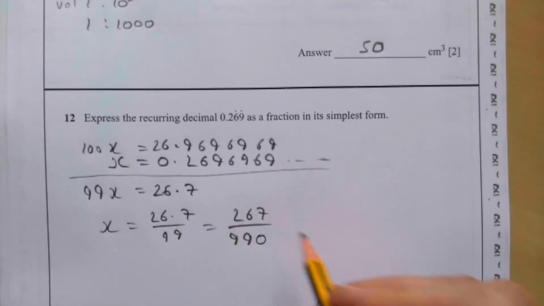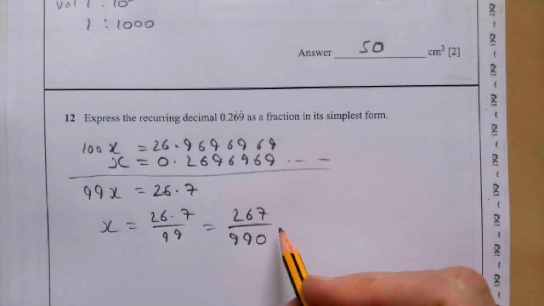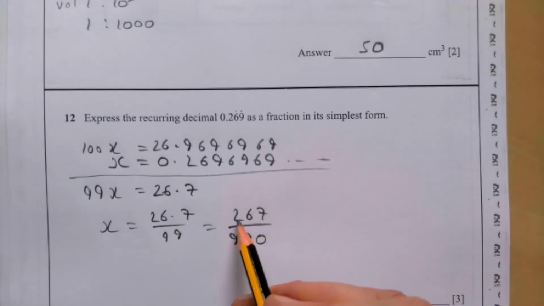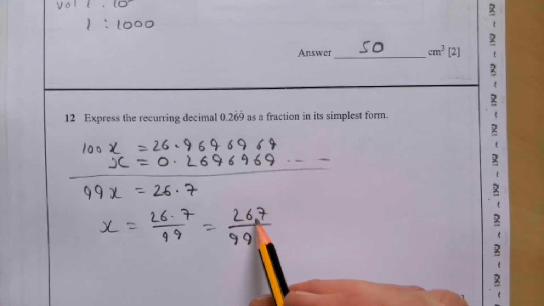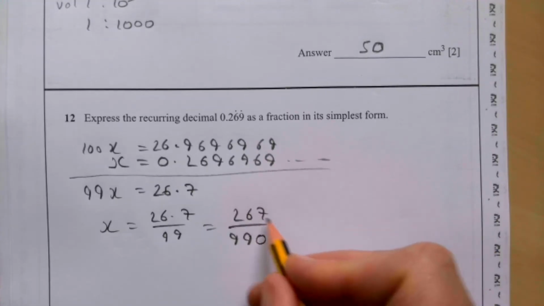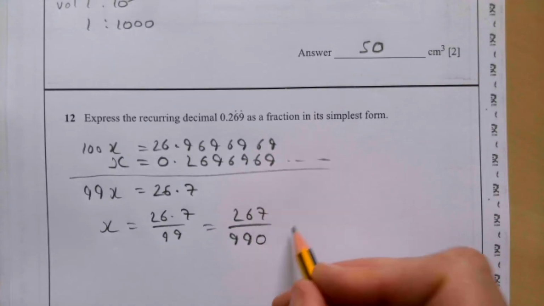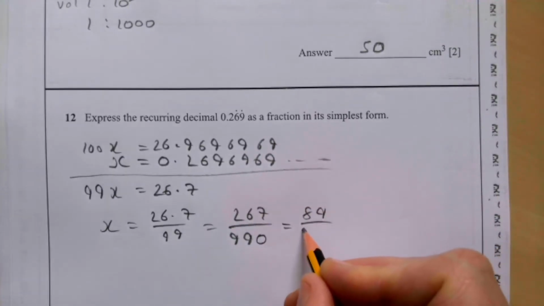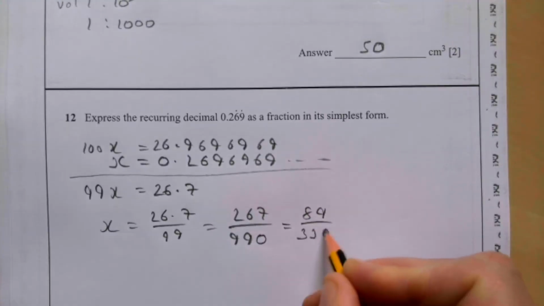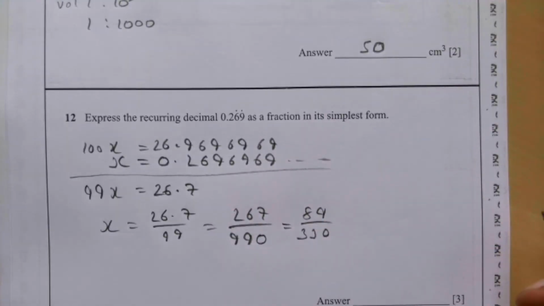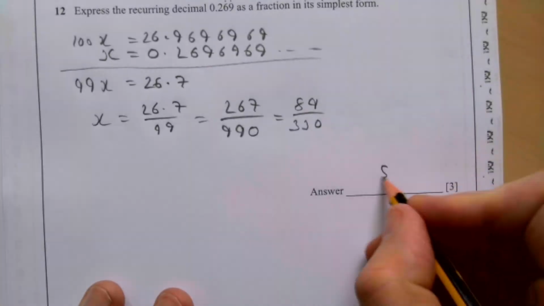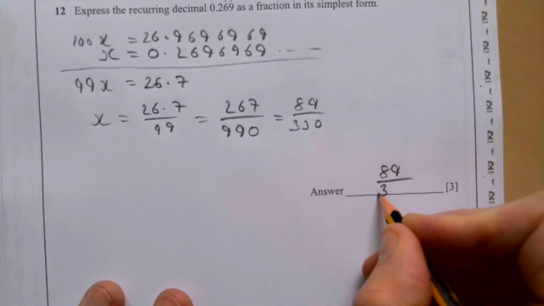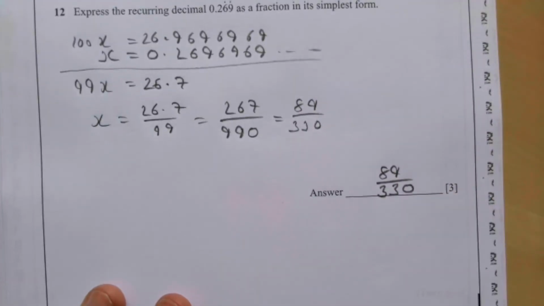And we need to try and think if this divides by anything. So it looks like that means 270 would divide by 3, and that one divides by 3. So 270 divided by 3 would go 90 times. So that means it's going to be 89. And dividing that by 3, it's going to be 330. 89, as far as I know, is a prime number, so that's as far down as it's going to go. So it's 89 over 330.